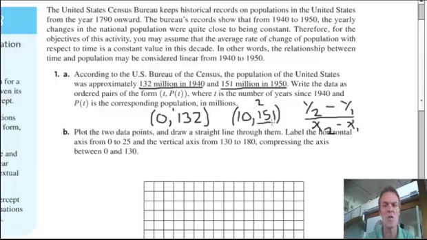So that there is y2, the second y, so 151, take away the first y, which is 132. Some of you might be able to see this already. Over, well, can you see that the change in the x, the change in the years, is 10 years?